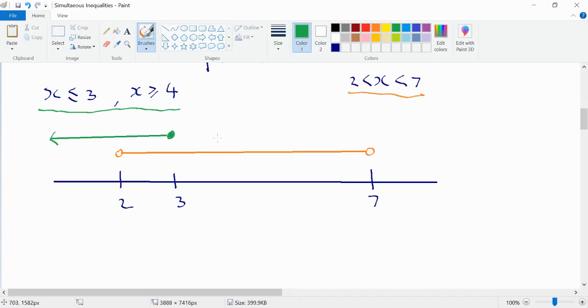And then doing the same thing for x is greater than or equal to 4. Let's say 4's here. Once again, a little circle above 4, coloured in to say that we're including it. And then we're looking at all the values to the right of 4, bigger than 4 in other words, and that goes on forever in that direction.